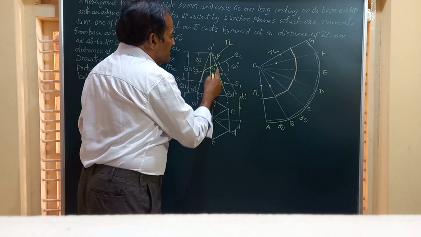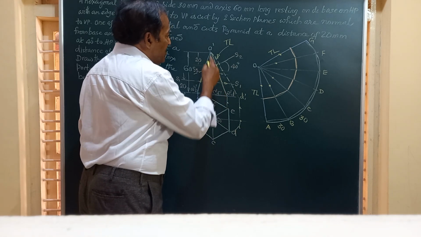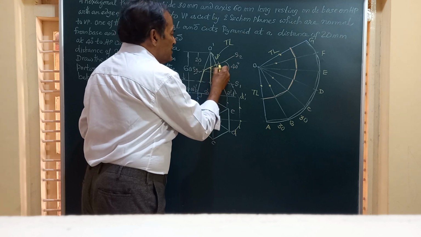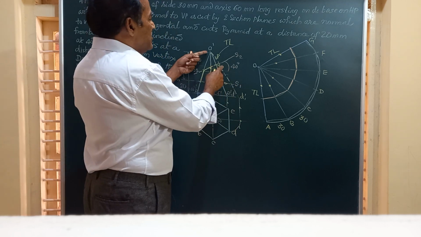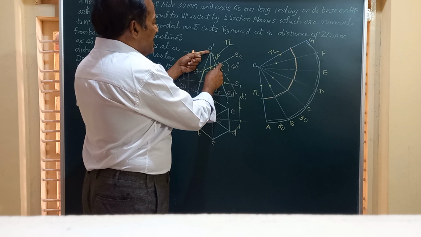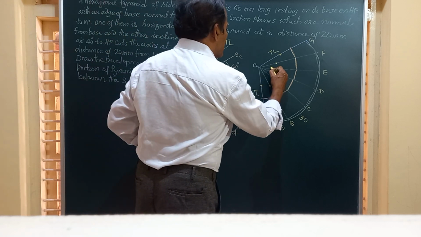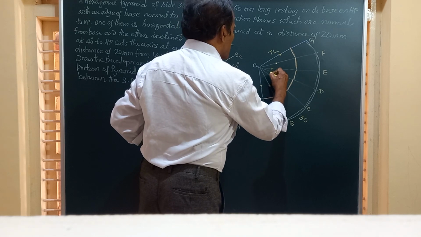Finally, the last lines, namely OE and OD, are cut here. It is also not true length. Shift that to the last generator of the slant edge. Take that measurement on OE and OD. So I will take them here, OE and OD.